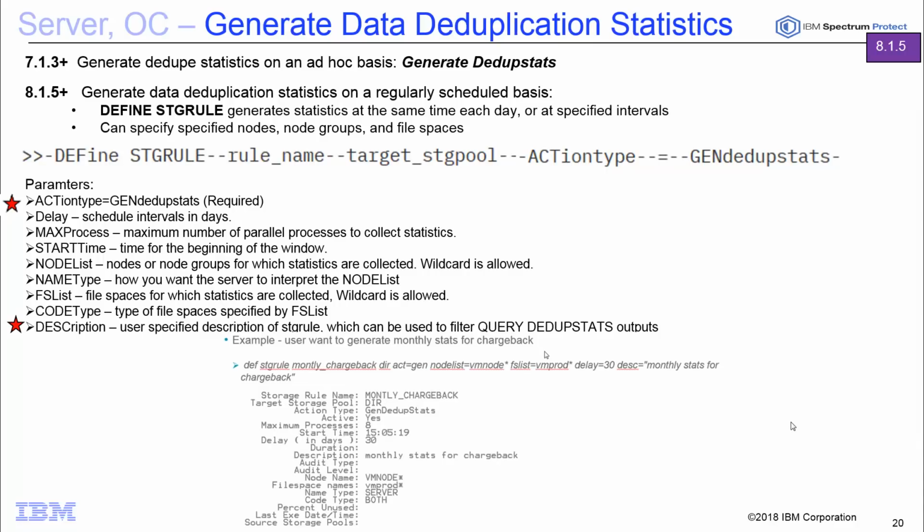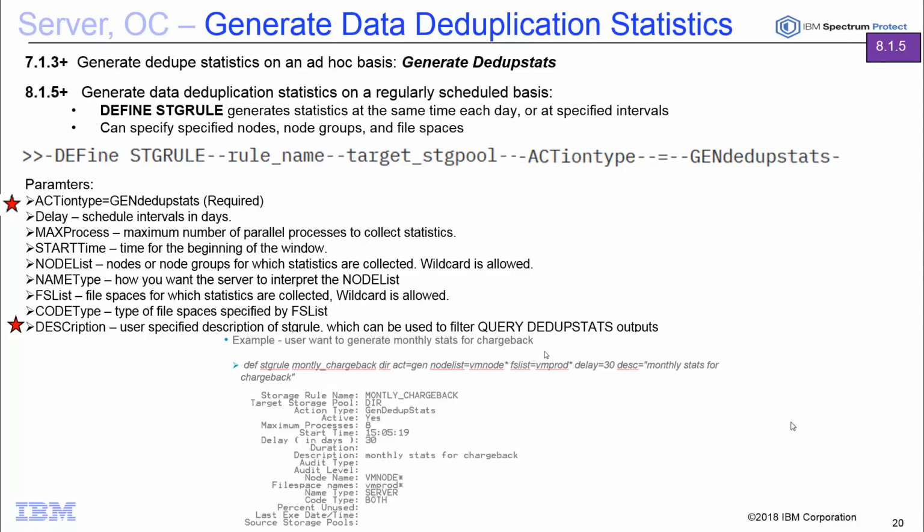The next enhancement is around our generate deduplication statistics. In version 7.1.3, we introduced the ad hoc command generate dedupe stats, which generates dedupe statistics on an ad hoc basis. In 8.1.5, you can now schedule that to run regularly using the define storage rule command.